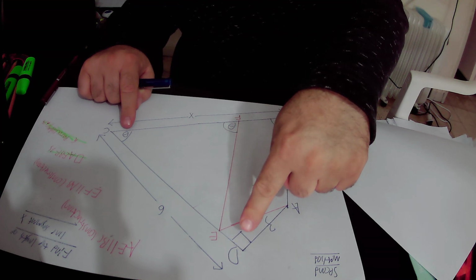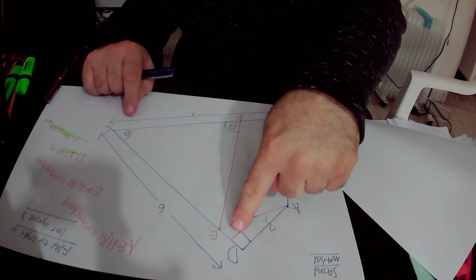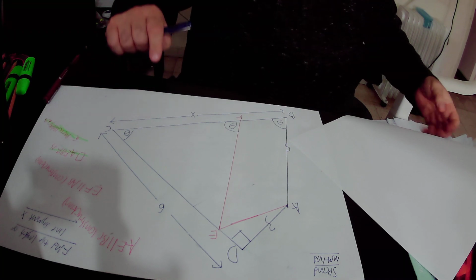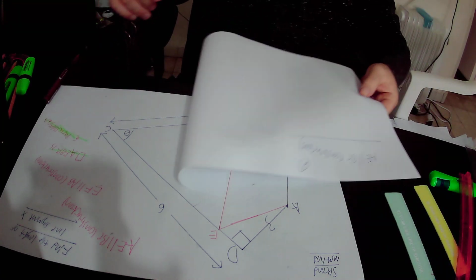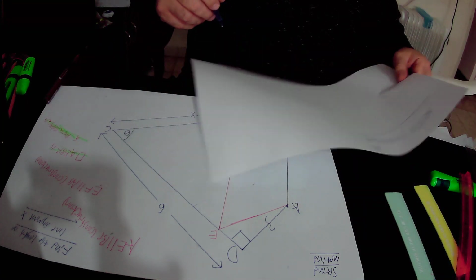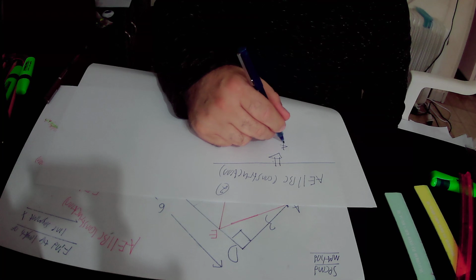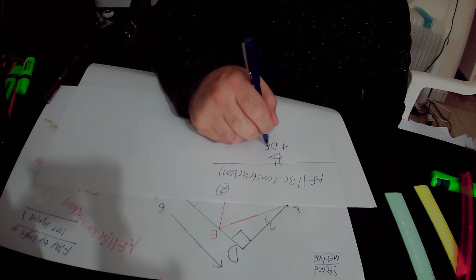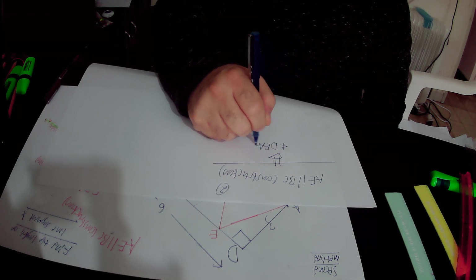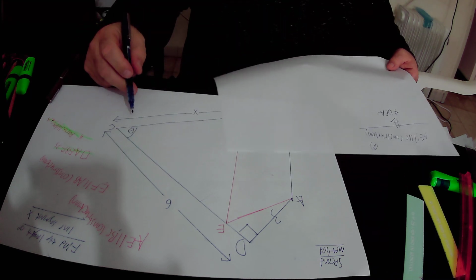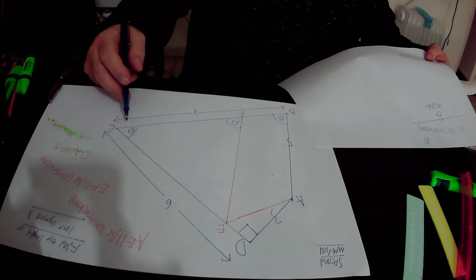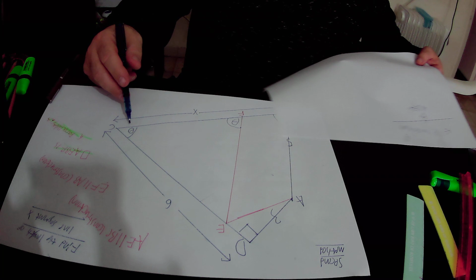Okay, so angle DEA, this angle, is equal to this angle. This is actually angle DCB.